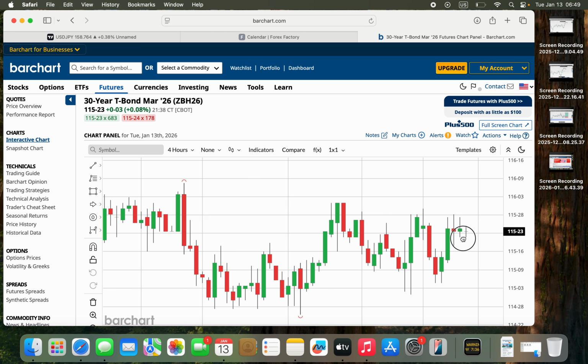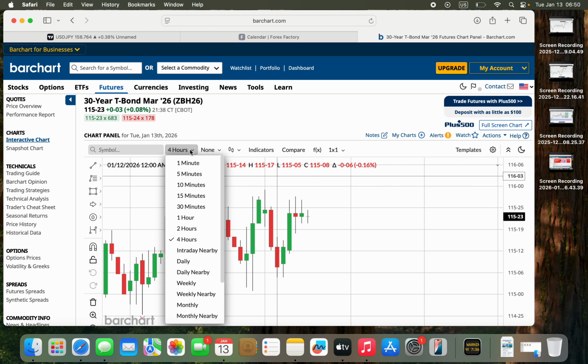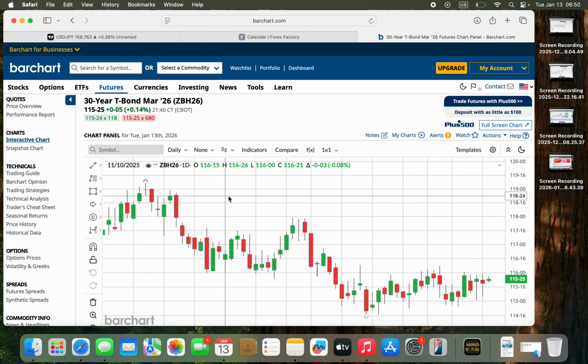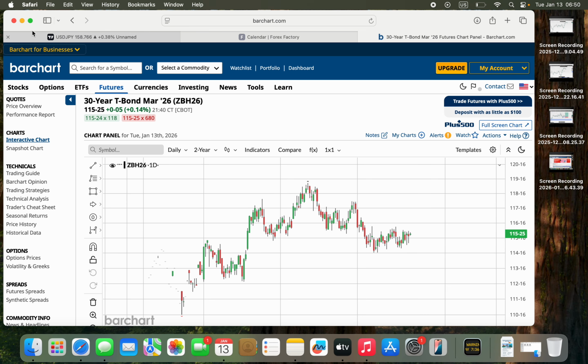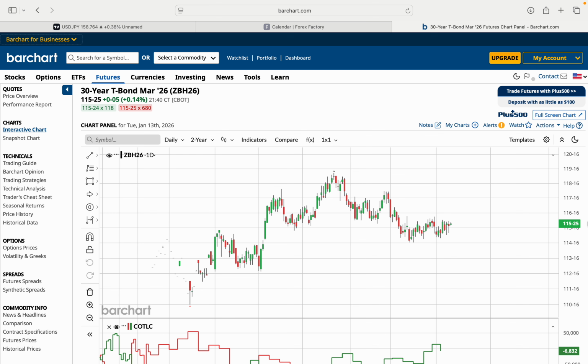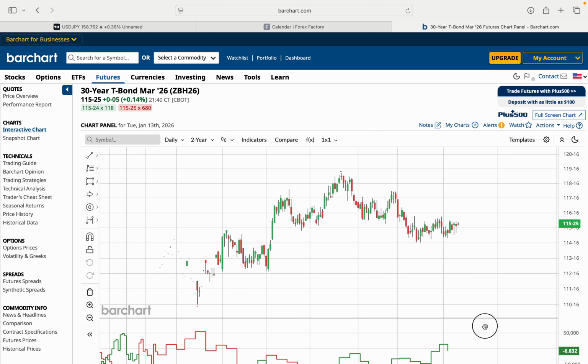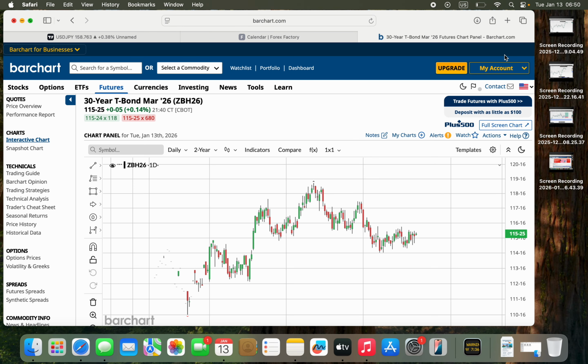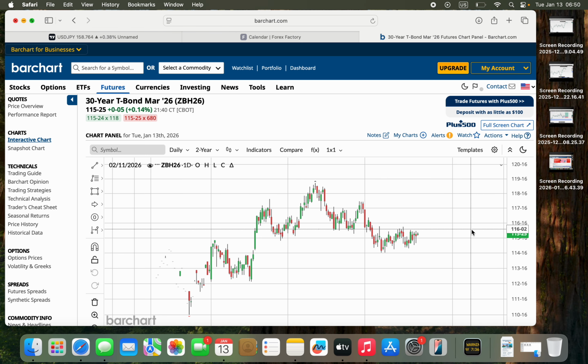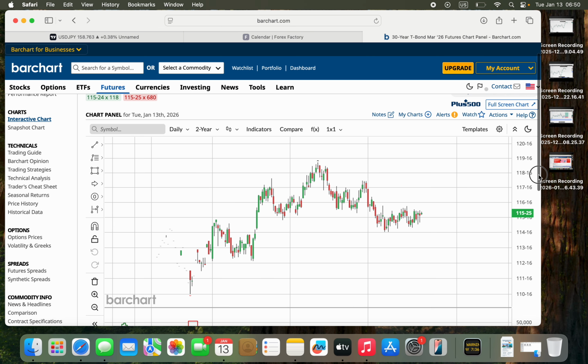So normally I like this chart to be at least 4 hours, or let me keep it to daily. 2 hour worth of information. So as you can see, I needed this arrow.